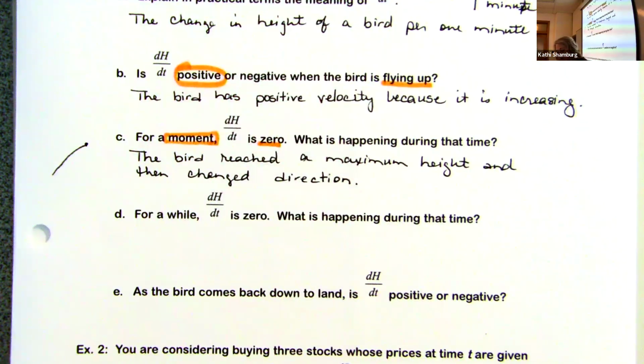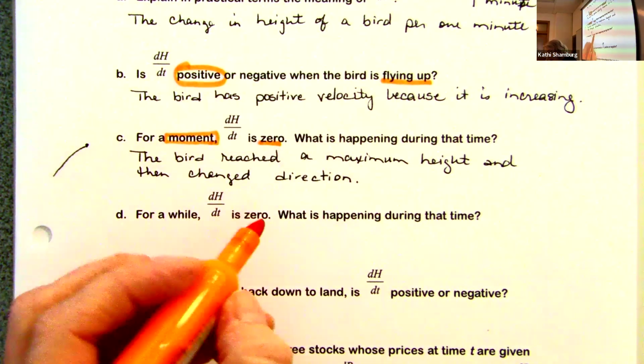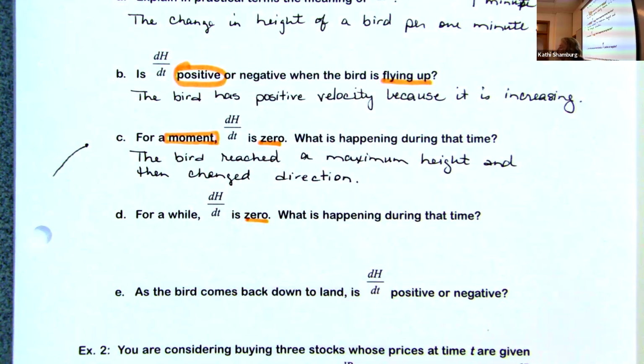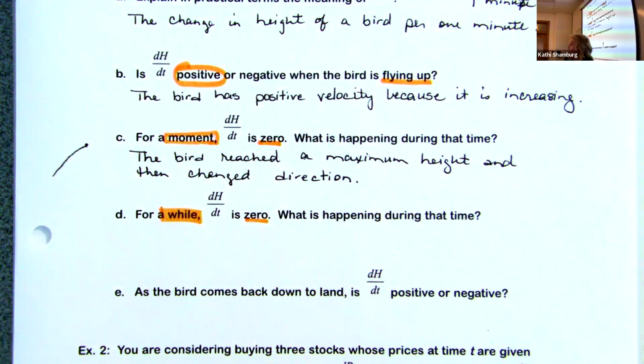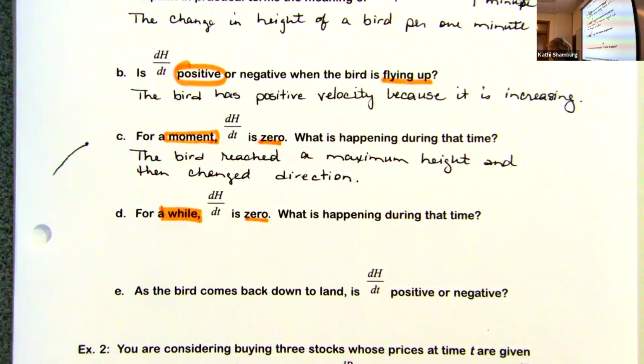Now, the next question is saying, hey, that change in height per minute is still 0, but now it's for a while. So the bird's flown up. Now, instead of just for a moment and then changing direction, the bird's gonna hang out there for a while. What do you think that maybe is going on with the bird in the air? Resting. Probably stopped at the top of a wire, stopped at the top of a building.